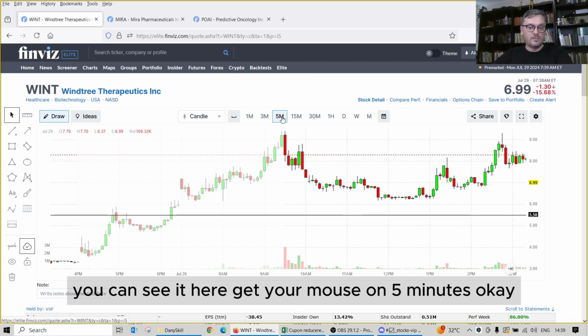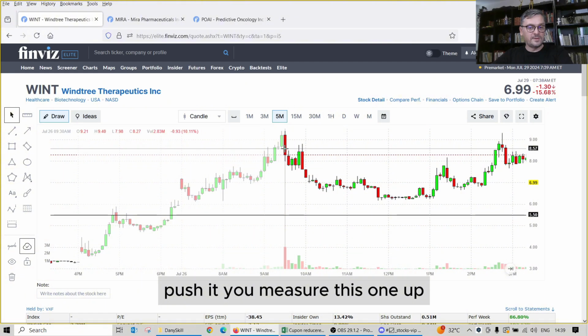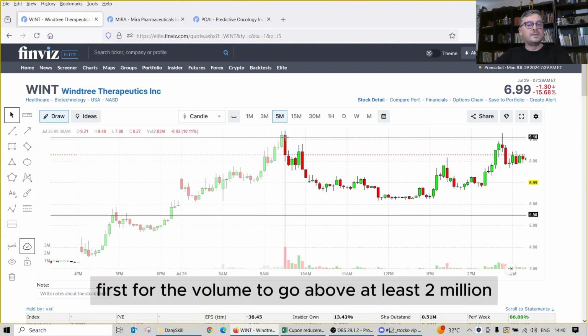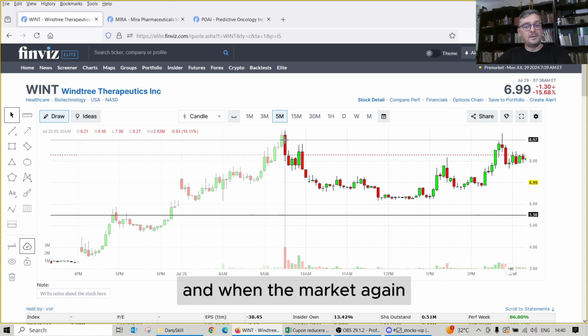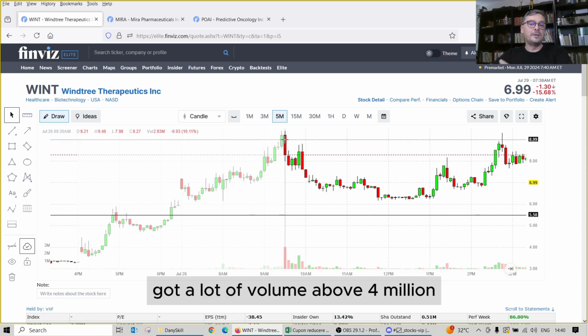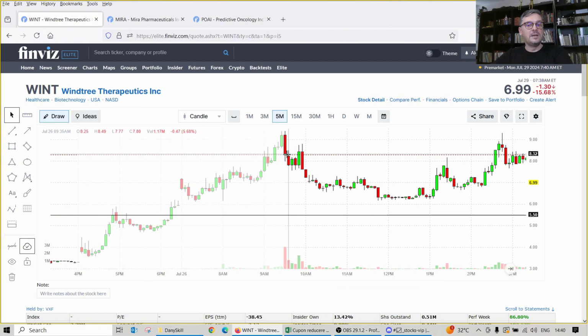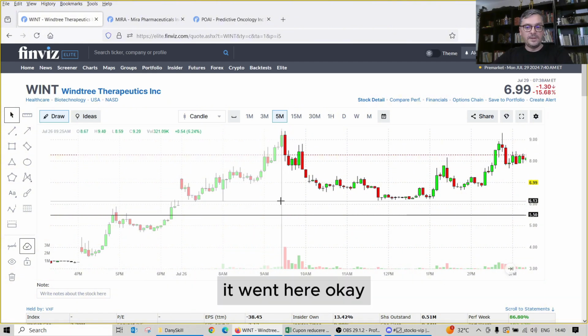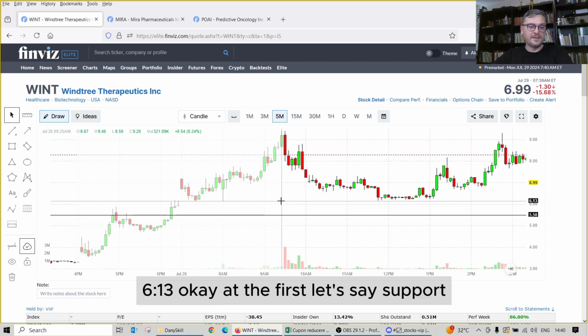Get your mouse on 5 minutes, push it, and measure this one up. You are patient first for the volume to go above at least 2 million, and when the market again has a lot of volume above 4 million, you short it. Where you shorted, it went here, 6.13, at the first support.